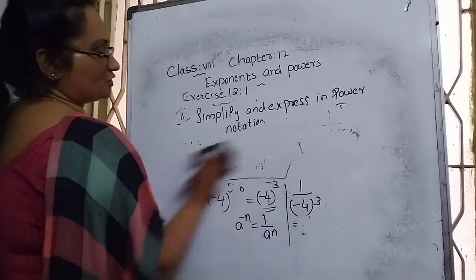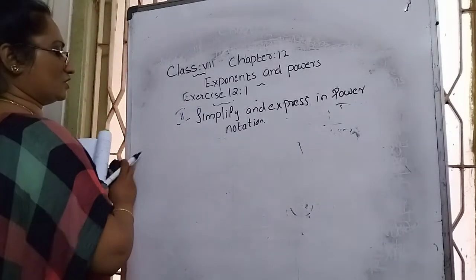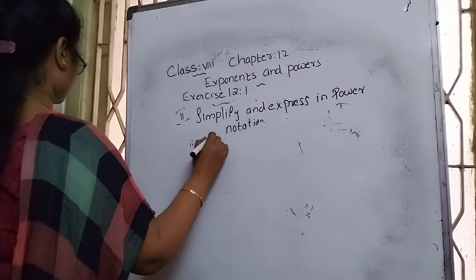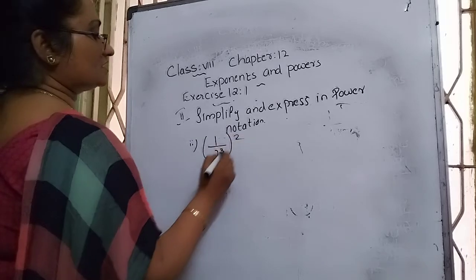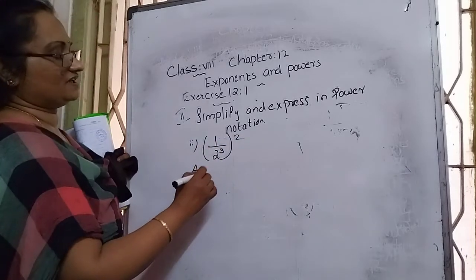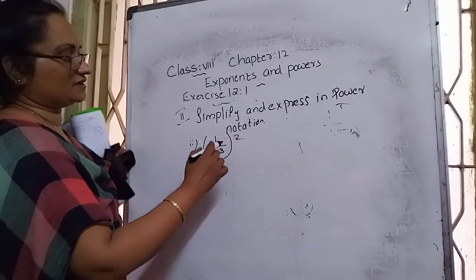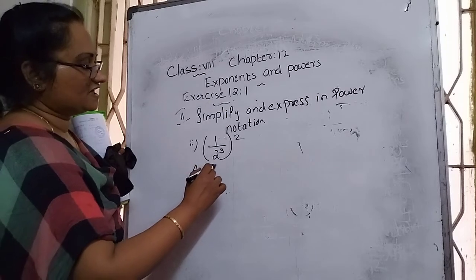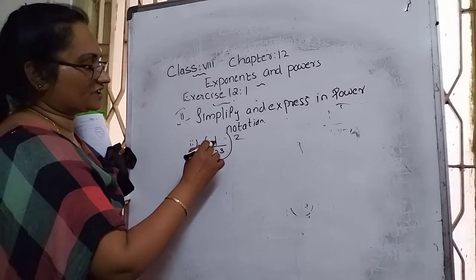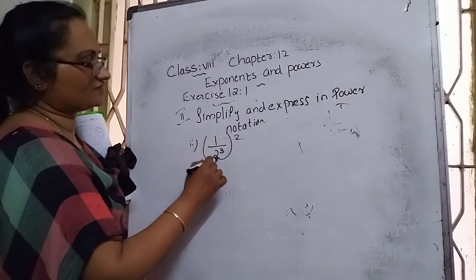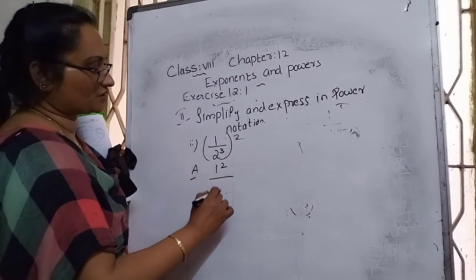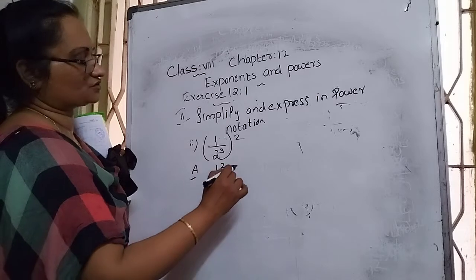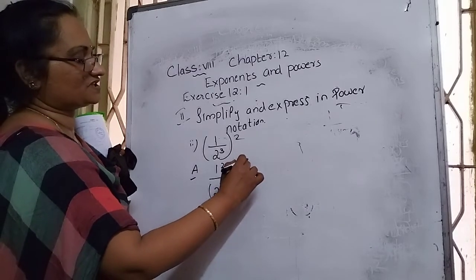Next we go to the second question. Second Roman. The second question is 1 by 2 raised to 3, whole power 2. Here, see, it is in the form of a power case. The numerator has the outside power given, and the denominator also. 1 raised to 2, 2 raised to 3, the whole power 2. 1 raised to 2 means 1.